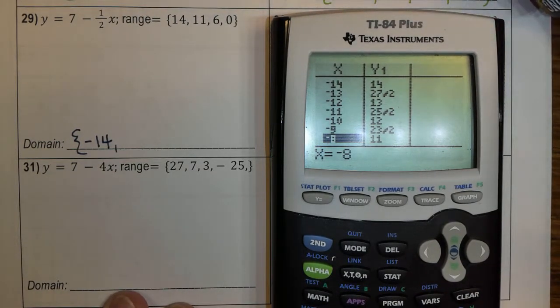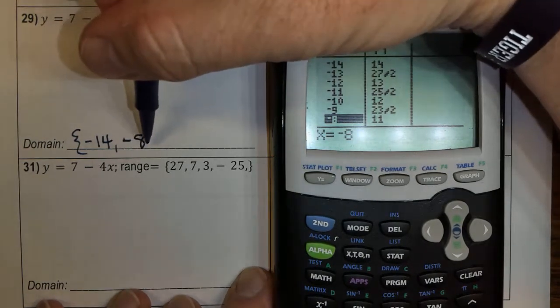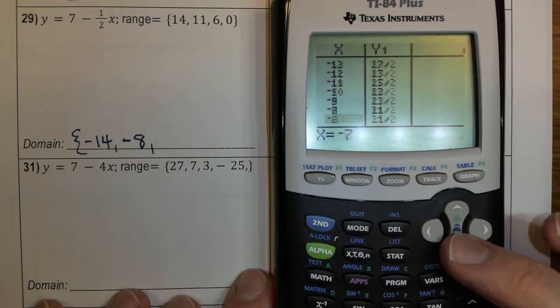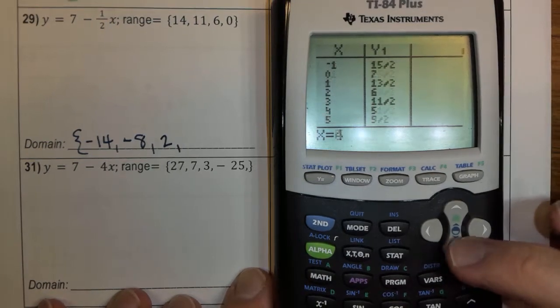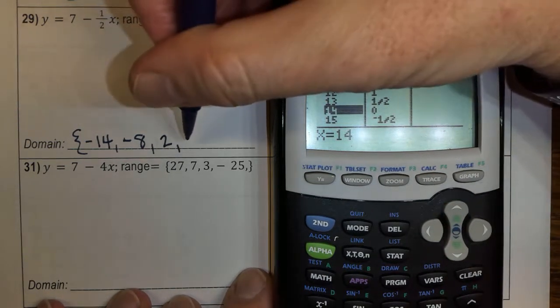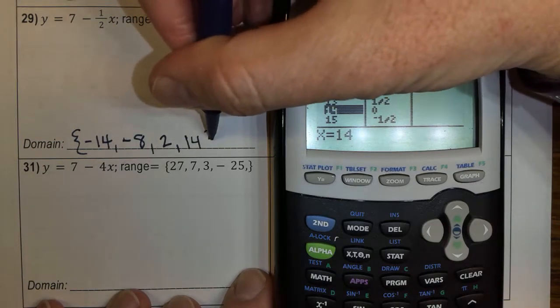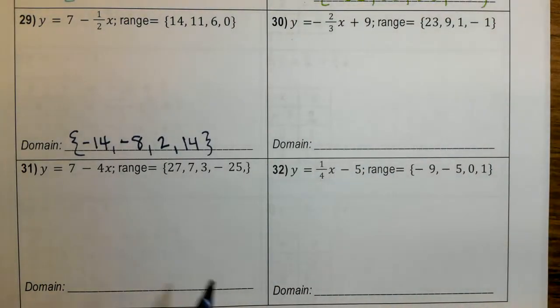Look at that, negative 8, if you can see that on the camera. 6, go down a little bit, is 2. And 0, 14. And look at that. And we're done. That's it for 29.